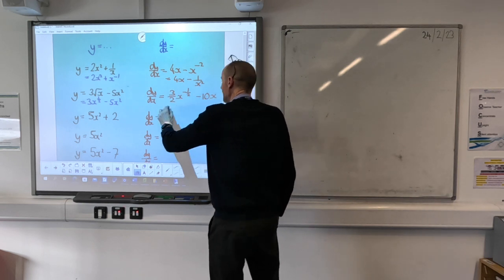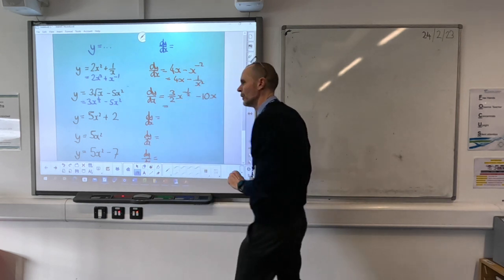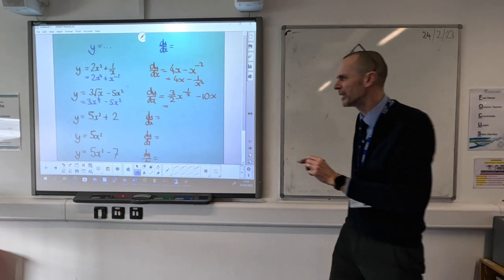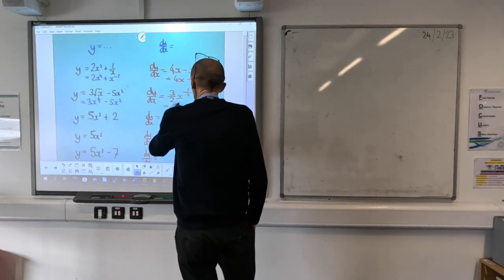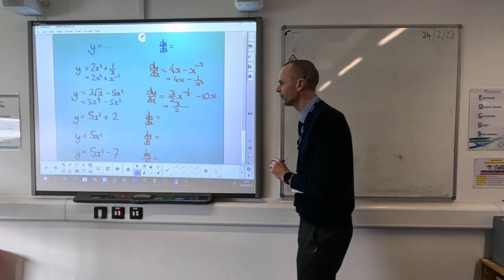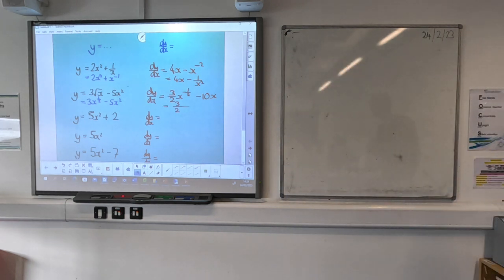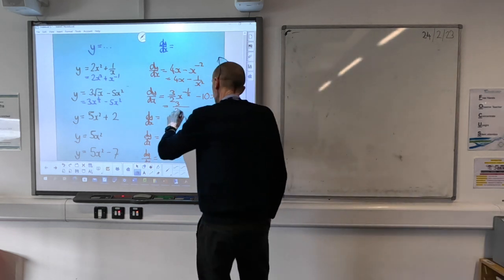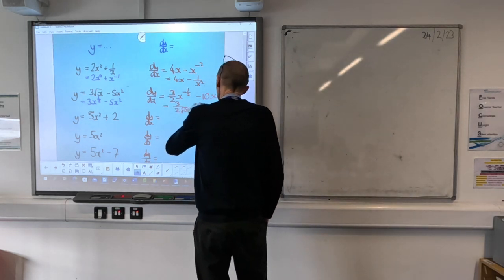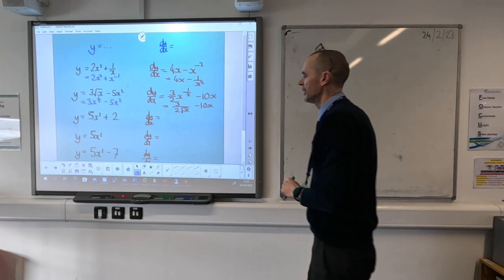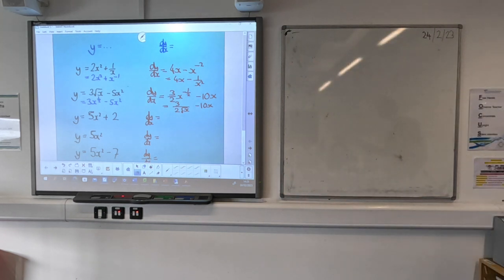There's a whole lot going on here, isn't there? I'm going to write it as one big fraction. I've got 3 on the top and 2 on the bottom. x to the half is the square root of x, so x to the minus a half is 1 over the square root of x. So that's 3 over 2 root x.